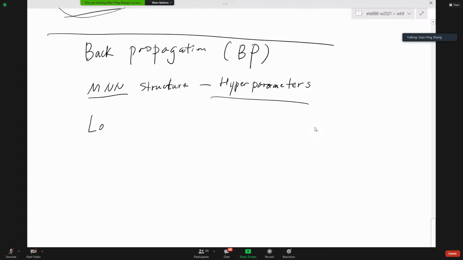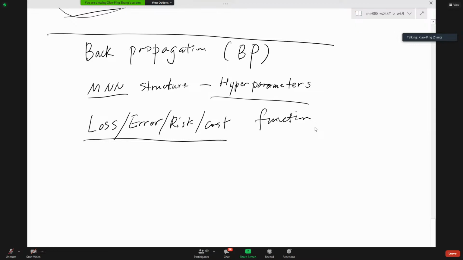But that's taken for granted. Then the thing is a loss function, or error function, or we call it risk function, or cost function. It's the same thing. It's a criteria, basically your target.